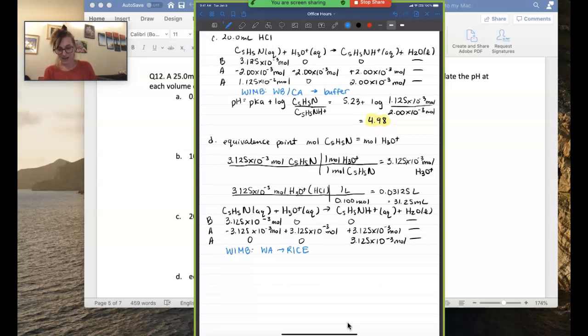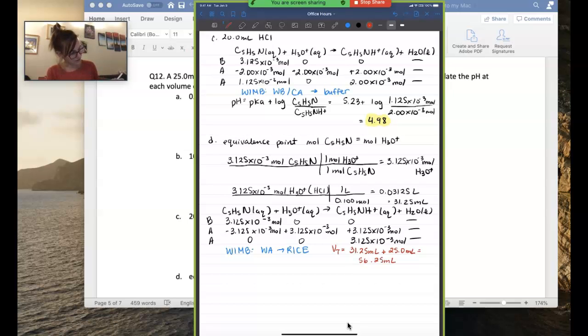All right. So when you work with the rice table, it is important for you to find the new concentration. And to do that, you need to find the total volume. So it looks like we added 31.25 milliliters of HCl, and we originally started with 25 milliliters of the pyridine solution. So our total volume at this point is 56.25 milliliters.